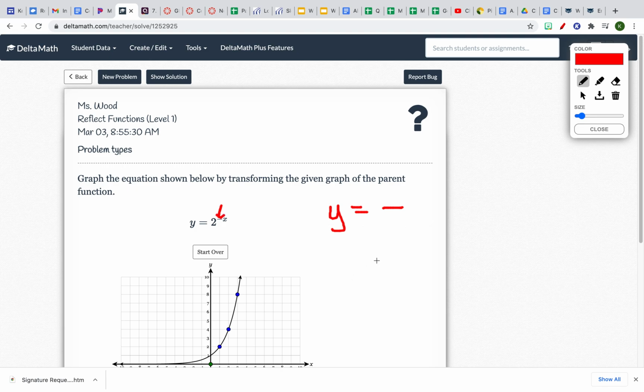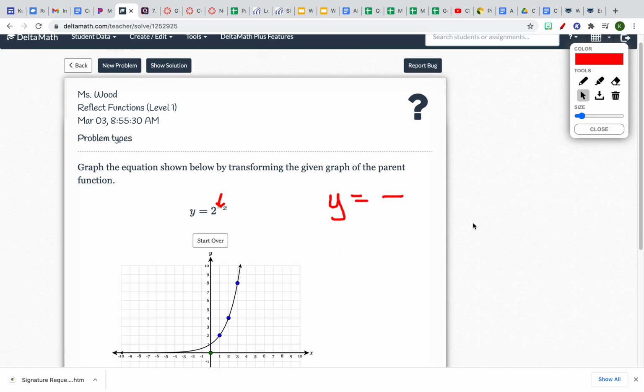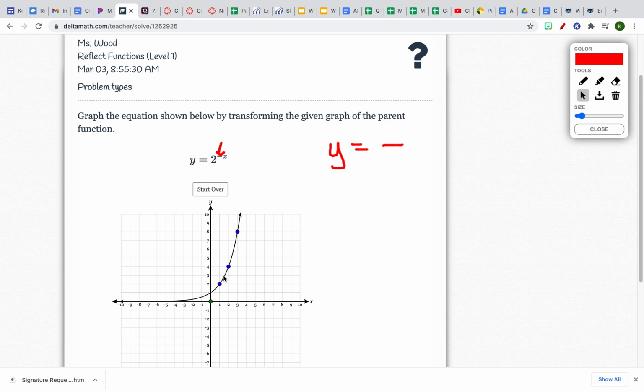So when the negative is with the x, you're going to flip it across the y-axis. So you're going to grab any one of these 3 points, but you have to pay attention. If you go over 3, you need to go up 8. So we're going to flip it across the y-axis, and you have to be on the same 8, but land on the -3.